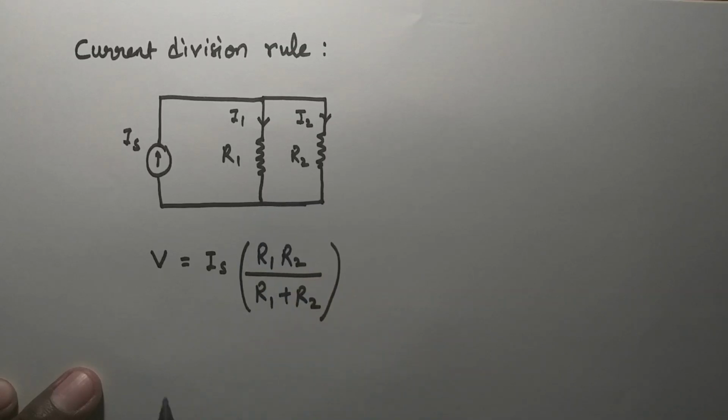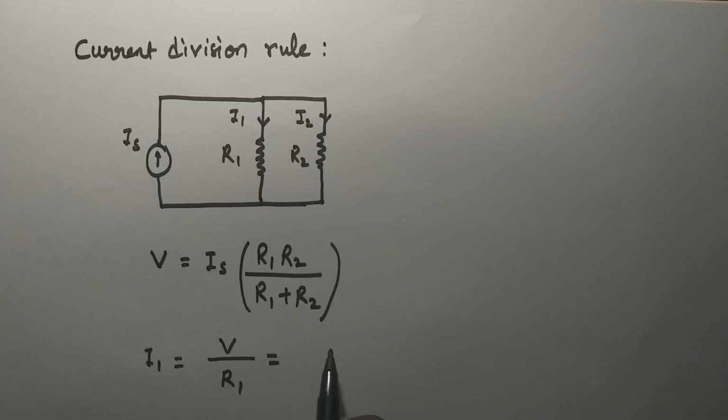So this is V. Now the current in this branch, I1, will be equal to V upon R1, which will be equal to this V. If we divide this by R1, then this R1 will be cancelled and we will simply get Is into R2 divided by R1 plus R2.